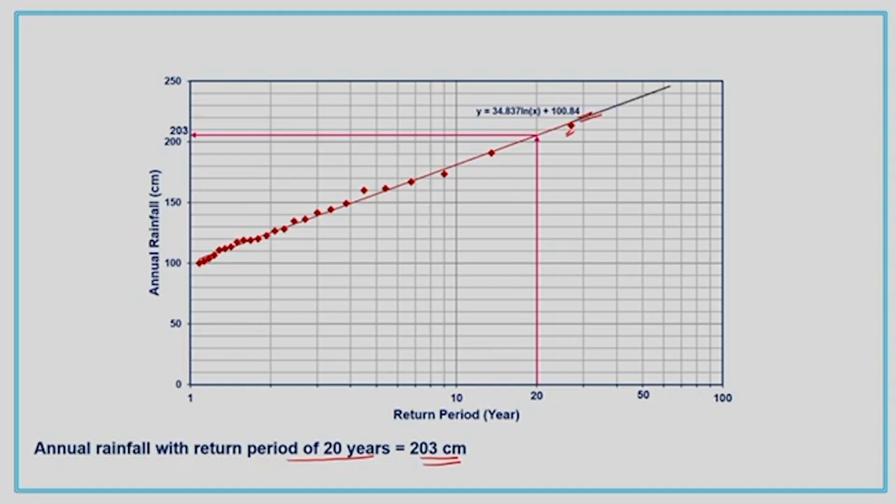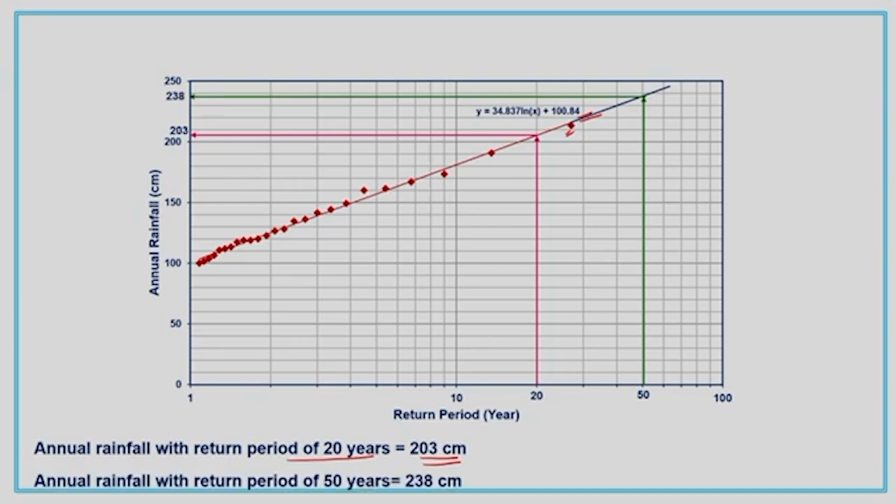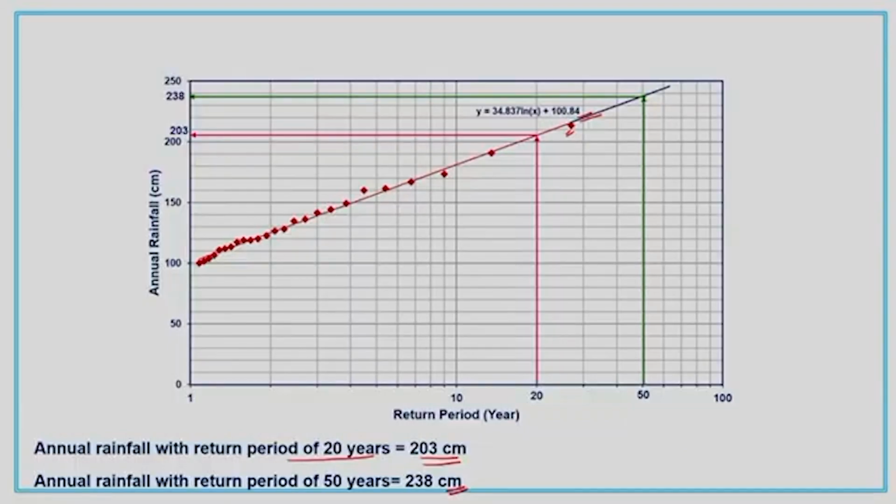So, this way you can extrapolate the graph and you can find out the value corresponding to a return period of 50 years, which is equal to 238. Annual rainfall with return period of 50 years is 238 centimeter. This may not be exactly 238, approximately it will be coming out to be 238 centimeter.